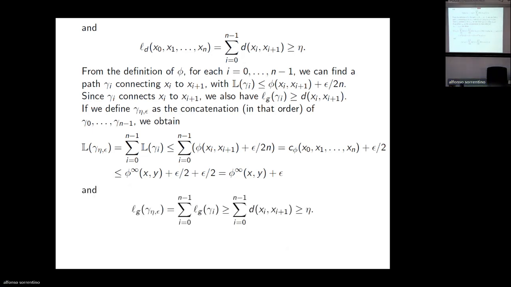Okay, and of course the length is equal to the sum of the lengths, which is larger than the distance between the endpoints. So it's larger than eta. So this finishes the proof of the claim.